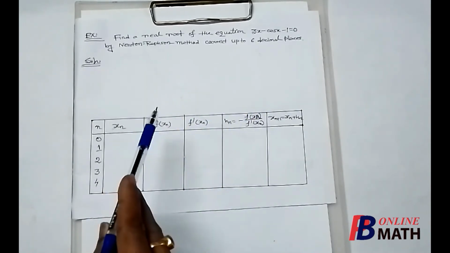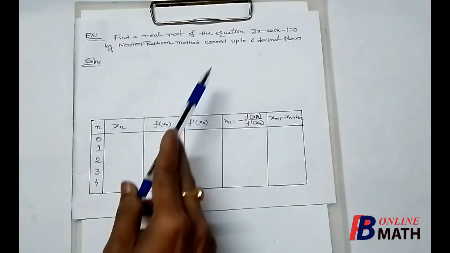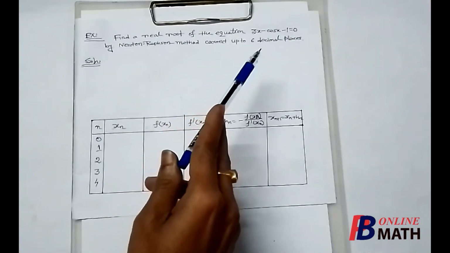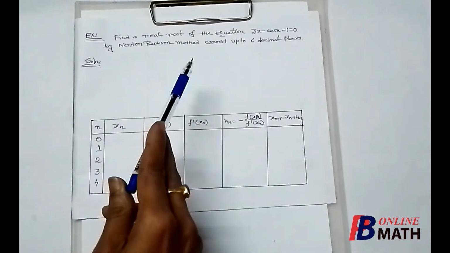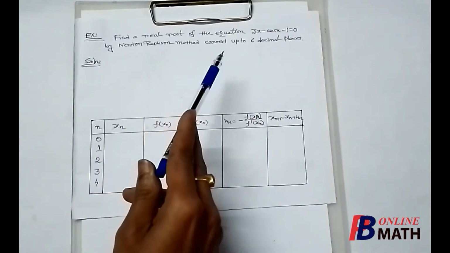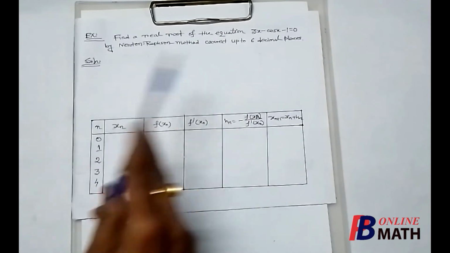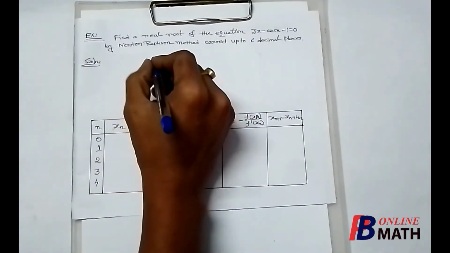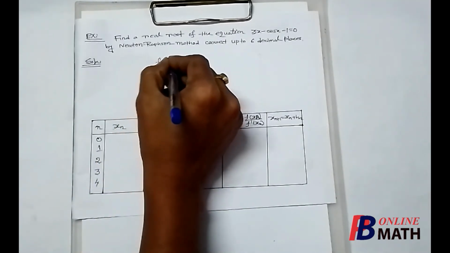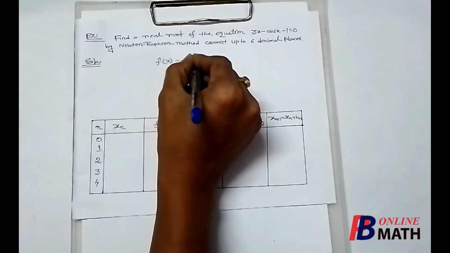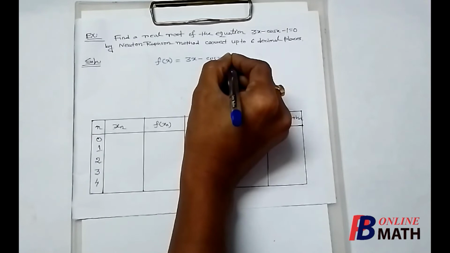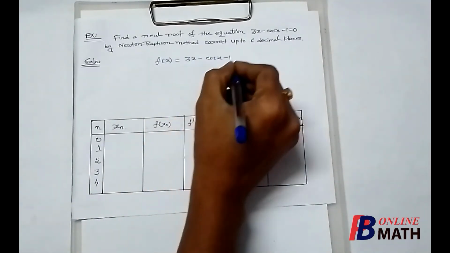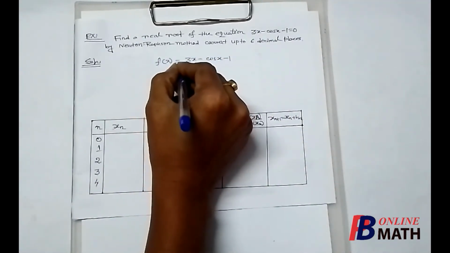So we have to find one real root of this equation 3x minus cos x minus 1 equal to 0 by Newton-Raphson method, correct up to 6 decimal places. So in this problem the given function f(x) is 3x minus cos x minus 1. So the equation is f(x) equal to 0.